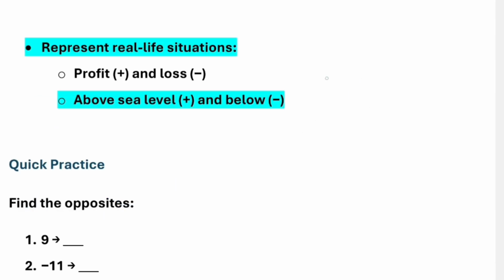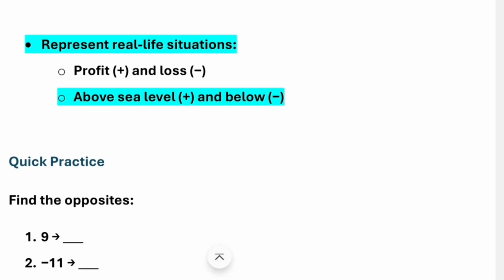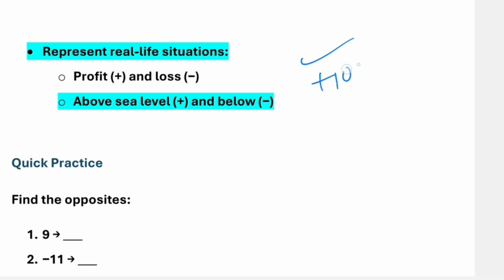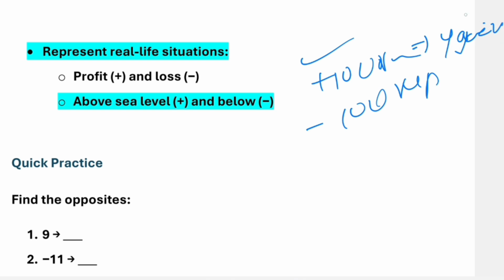And the next one is think of money. In our bank account, we see sometimes plus 100 rupees and minus 100 rupees. Plus 100 means you gained 100 and minus 100 represents you lost 100 rupees.